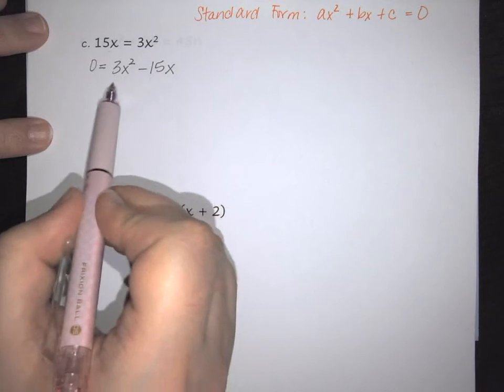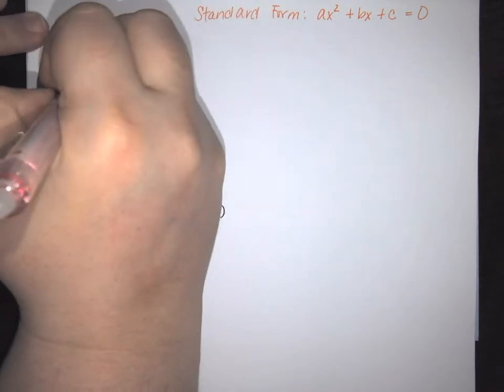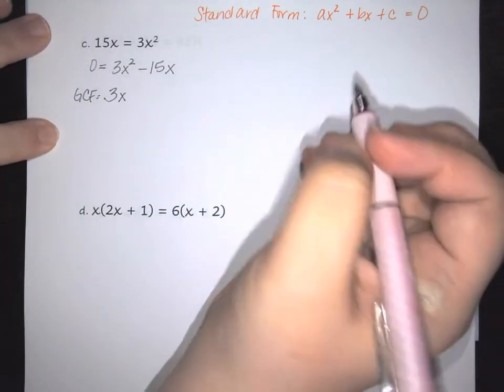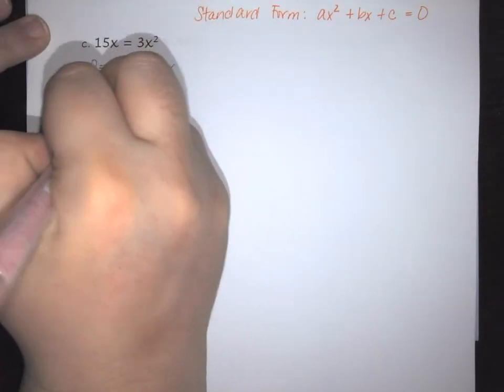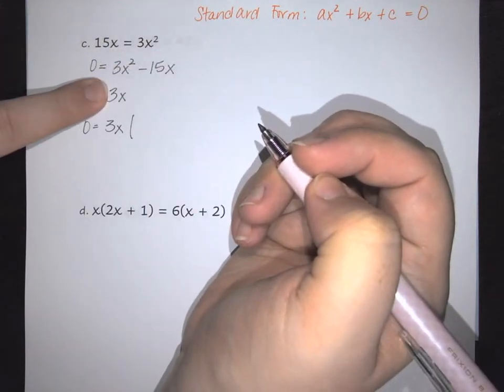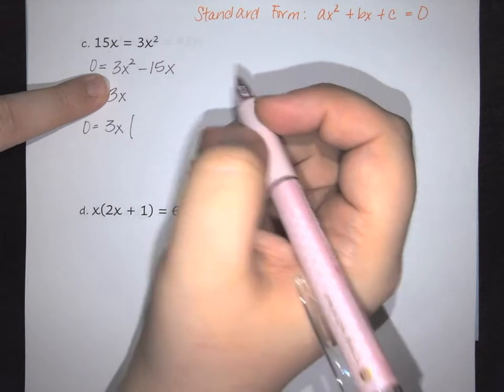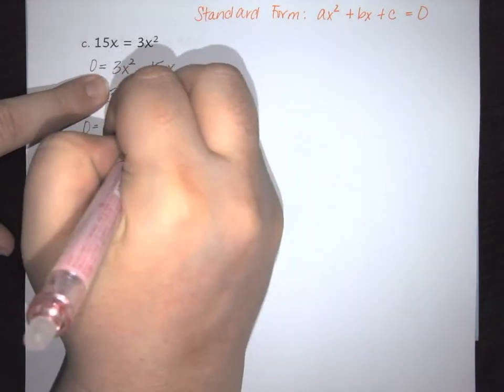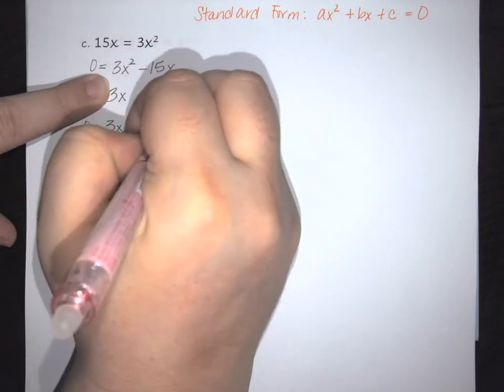Just looking at this combination, I automatically know that I can pull out a 3 and I can pull out an x. When I do that, I have 3x on the outside, and then I look at what's left over on the inside, and in this case, this would become x minus 5.